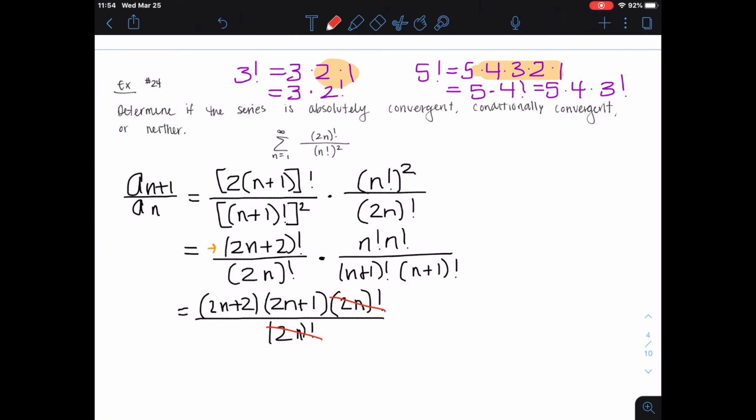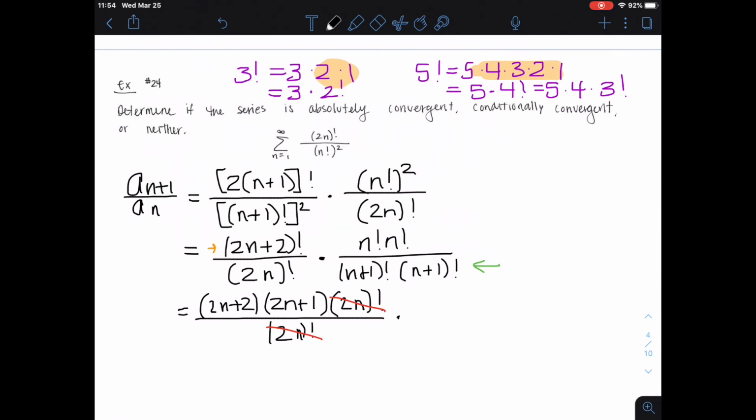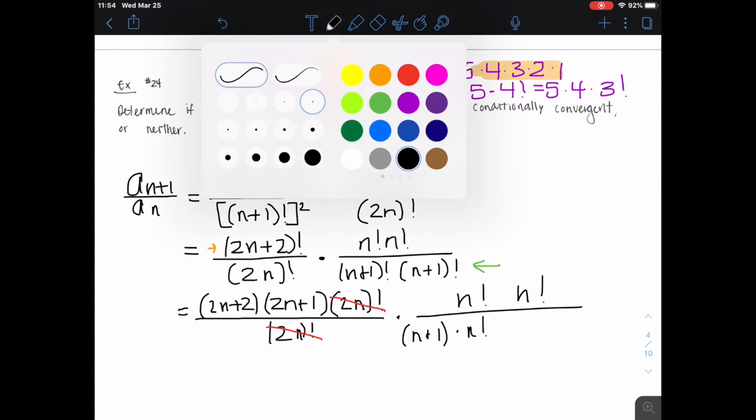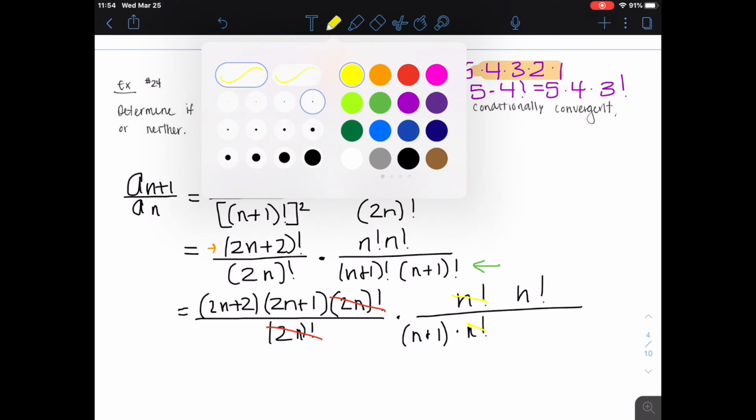Now we're going to do exactly the same thing for the next one. If you look, the n plus 1 are the bigger values, so I'm going to pull off of that. So I'm going to leave the n factorials alone up top. And if I work with this first one, you have n plus 1, you'd get the next number factorial. So that would be n factorial. So now we're going to have some cancellation. The n factorials disappear.